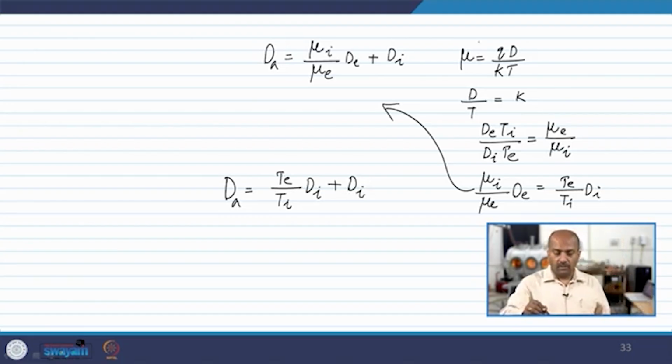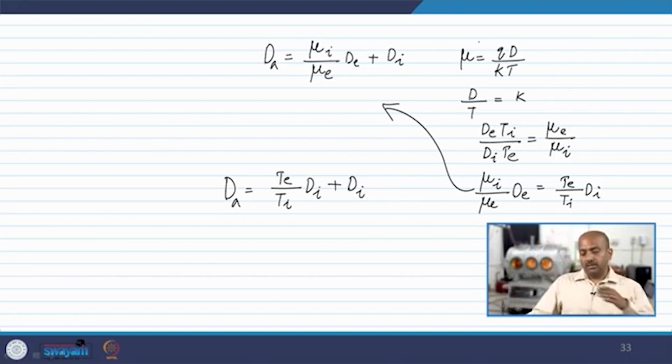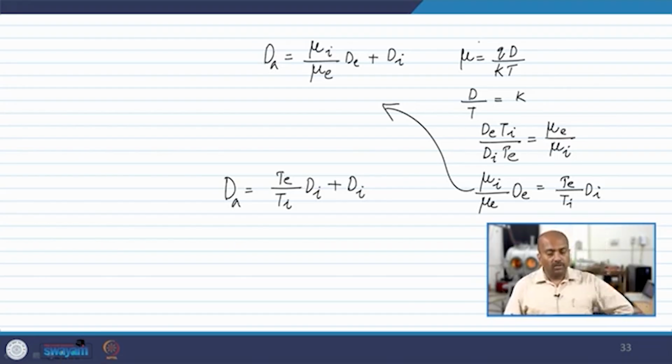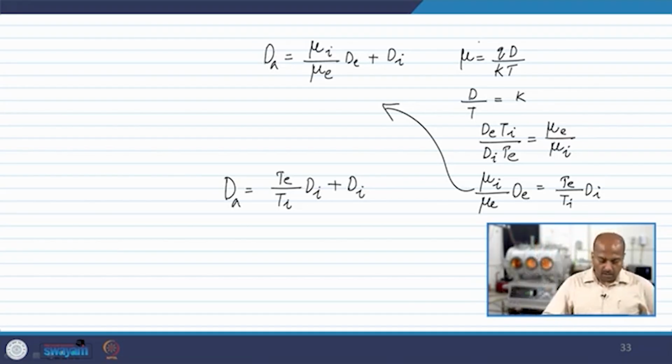So, by doing this, we have not just eliminated the ratio of mobility, we have written the ratio of mobilities in terms of the temperatures, and also eliminated one diffusion coefficient. Now, the earlier version of the ambipolar diffusion coefficient has both electron and ion diffusion coefficients. Now, we have only ion, right.